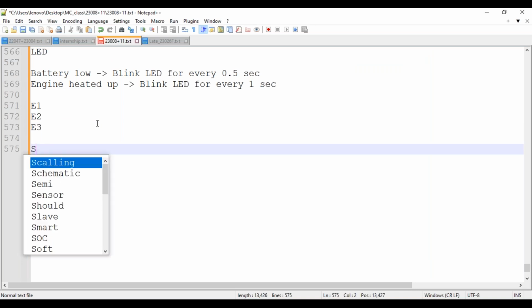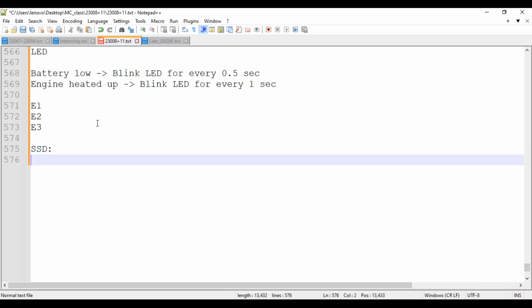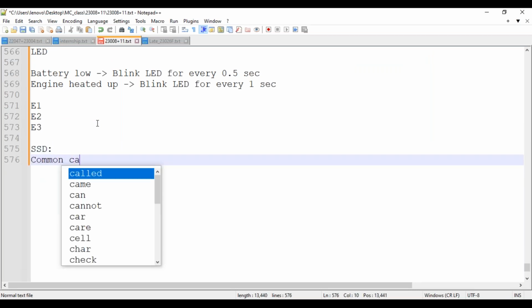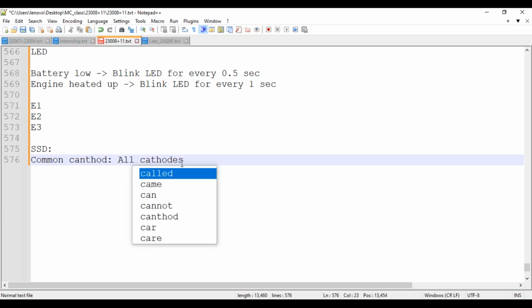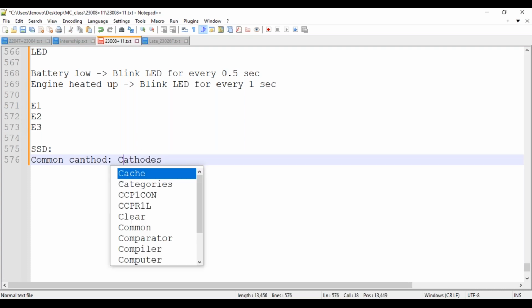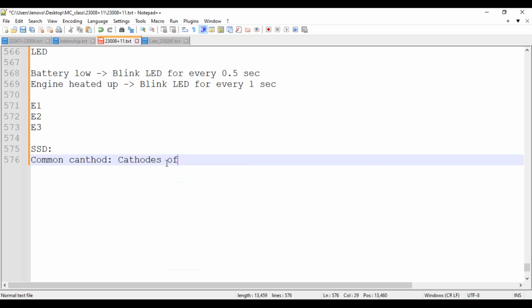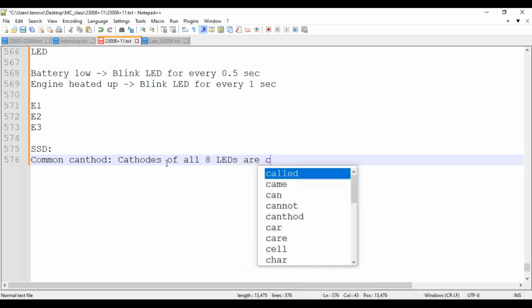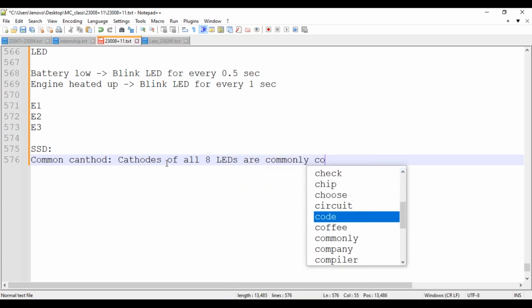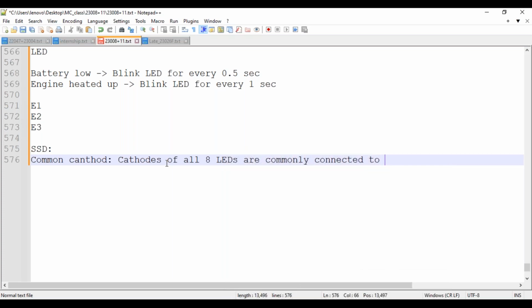And when it comes to SSDs, I have common cathode configuration, where cathodes of all 8 LEDs are commonly connected to ground.